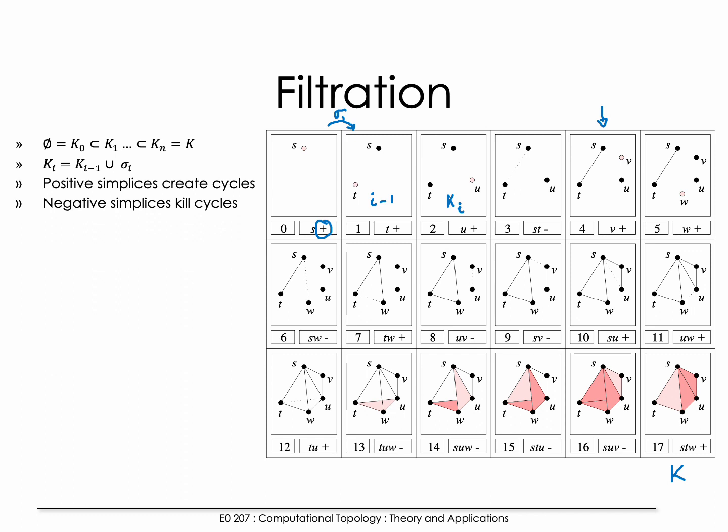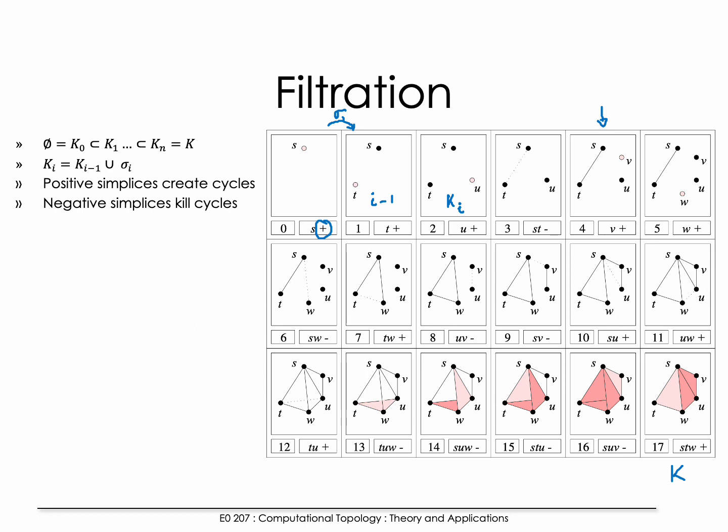It creates another cycle, a new cycle, hence it is positive. Followed by the edge TU, which again is positive. It creates yet another one cycle. So TU is positive. Now we move on to the insertion of the triangles.